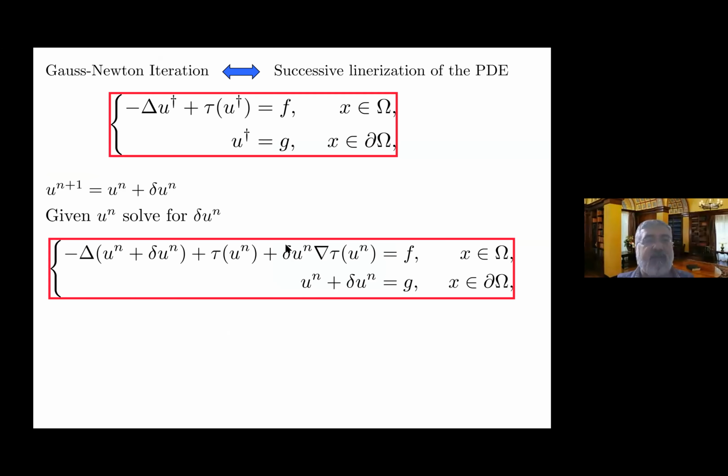This Gauss-Newton iteration is equivalent to solving successive linearizations of the underlying PDE with that particularly selected kernel, which is equivalent to using Newton's iteration to solve the nonlinear PDE. And again, this is with that particular selected kernel.